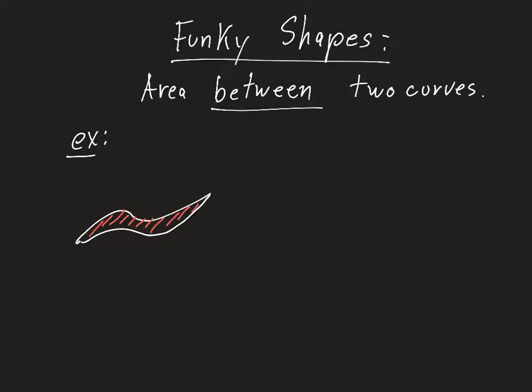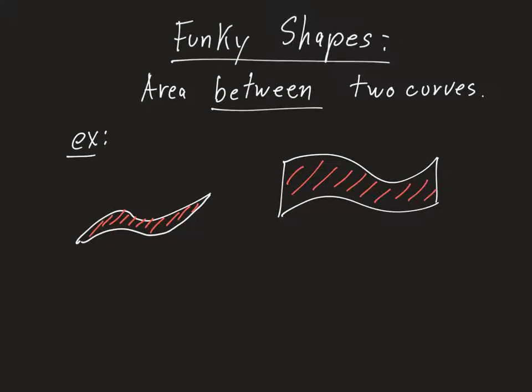If you have a shape sort of like a ribbon, we could find this area. So I'm calling these funky shapes the application, one of the big things about the idea of area between two curves.